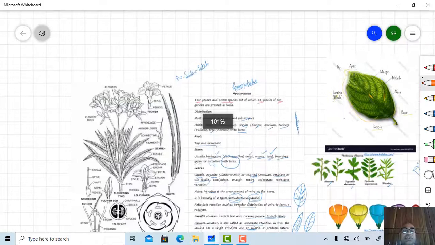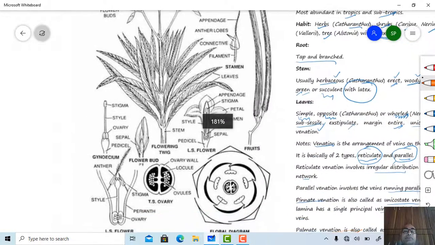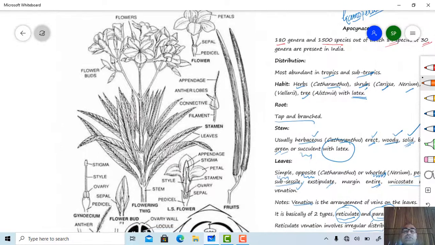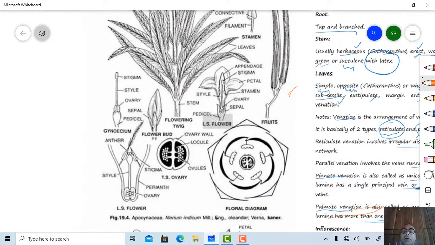What is given here? Just see here, Nerium indicum plant. Twig, inflorescence, these are the fruits, flower, stamen, this is the staminal appendage or staminal corona. Then V.S. of flower, T.S. of ovary.